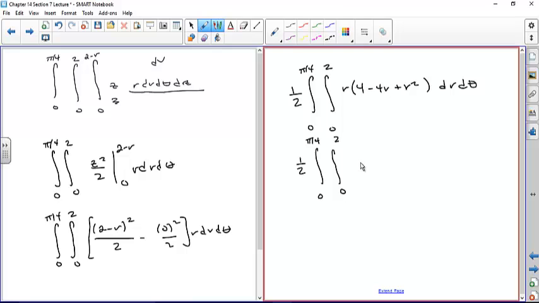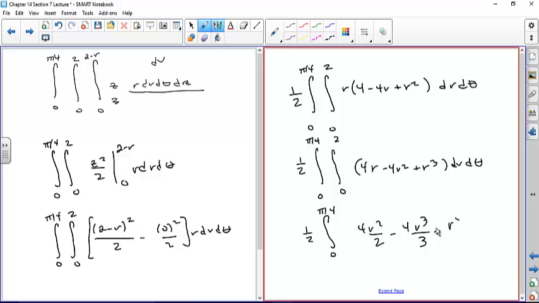So I have 4r minus 4r squared plus r cubed times dr d theta. So when we integrate with respect to r, we'll get 4r squared over 2 minus 4r cubed over 3 plus r to the 4th over 4, evaluated between 0 and 2, times d theta.